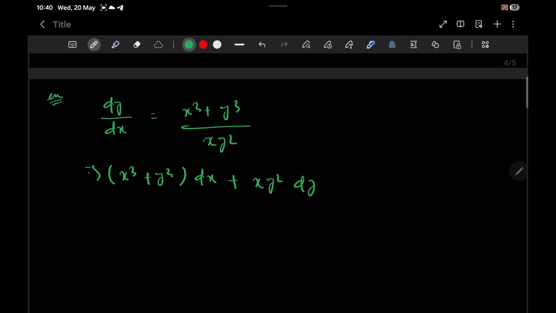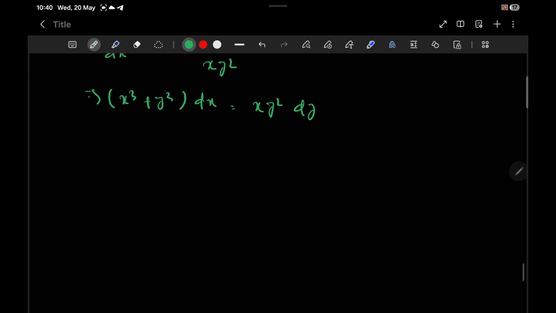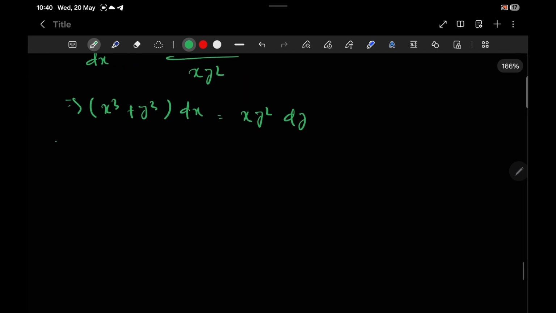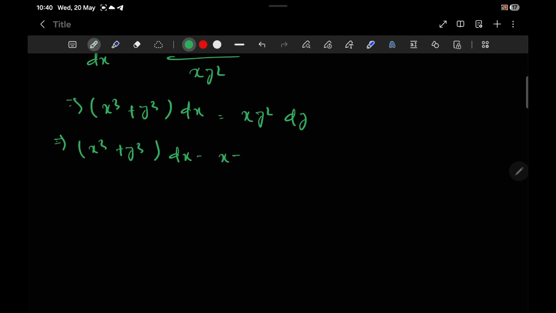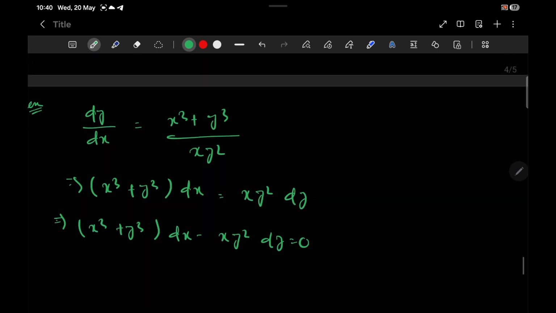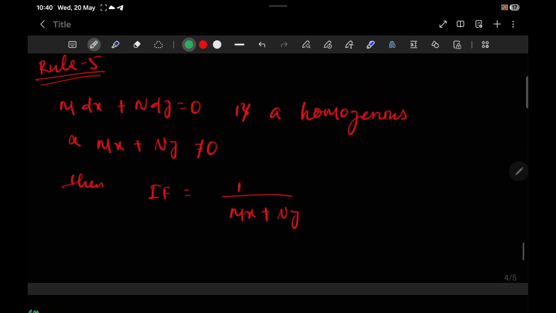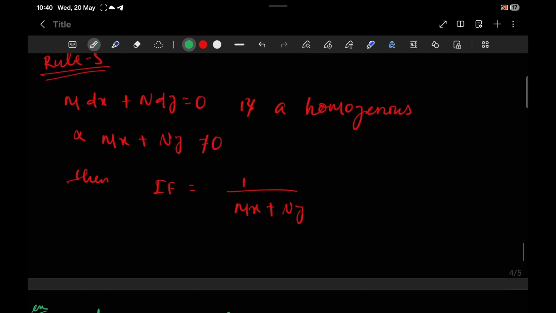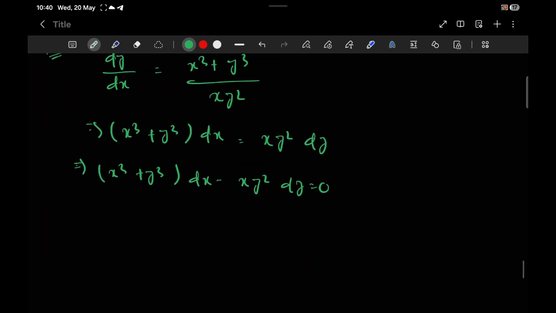Oh sorry, this becomes minus, right? So (x^3 + y^3) dx minus xy^2 dy is equal to 0 is our final general form, right?